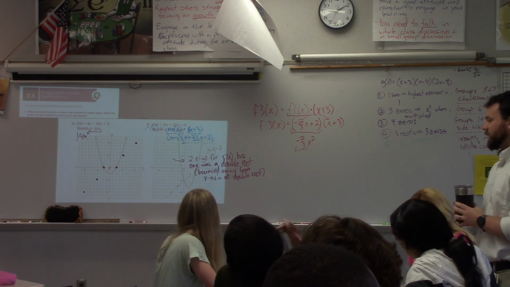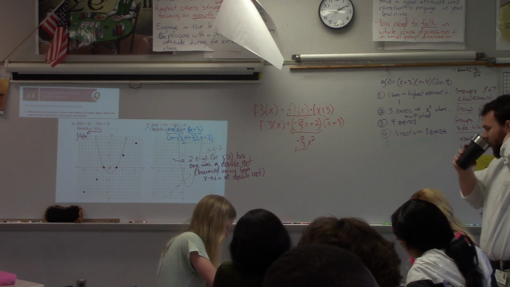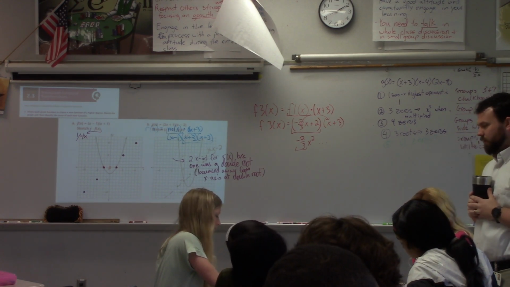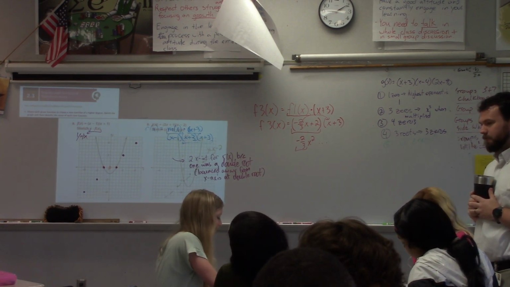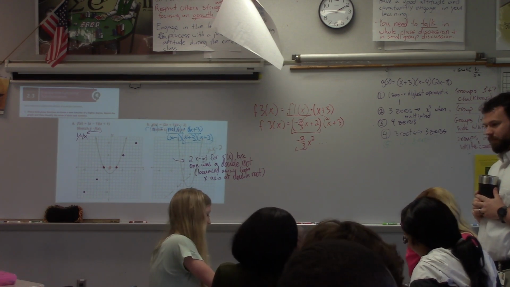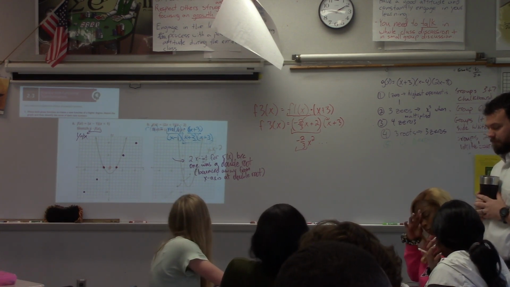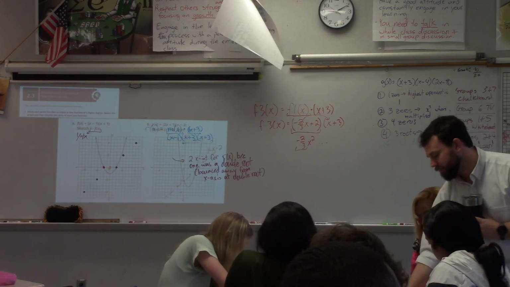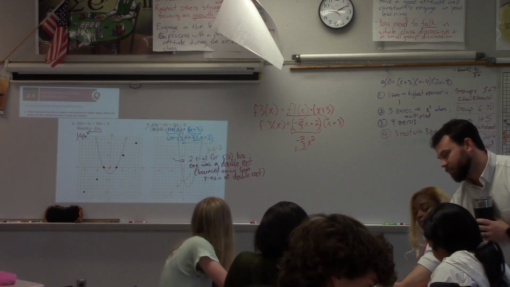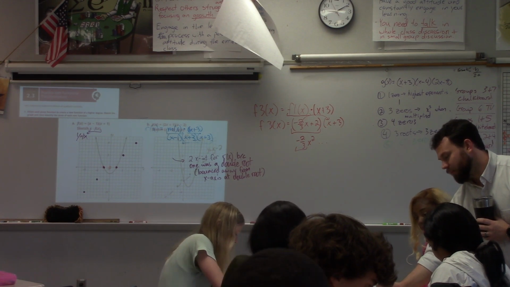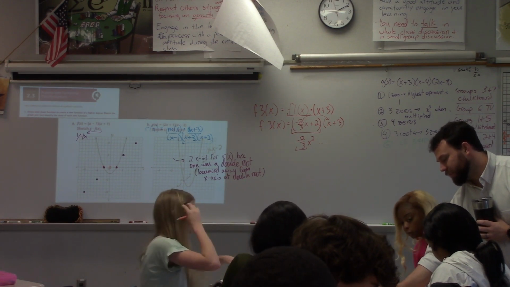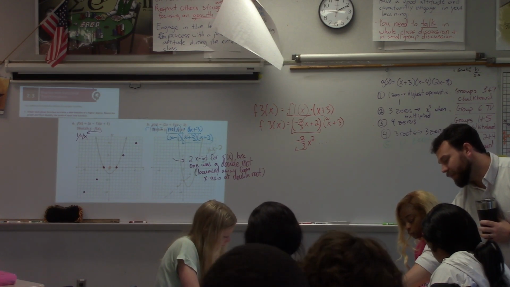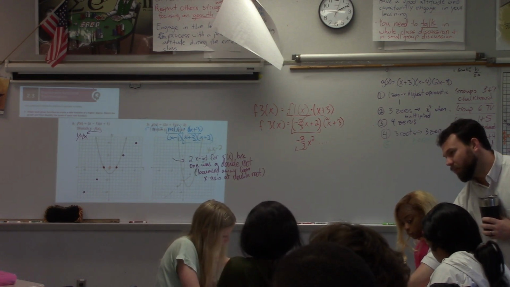Then we get x times f of x. This is f of x, and then this is the extra factor. So to sketch this, what do you need to point out? You see how this is a 0? So I'm going to look to the left of the 0. What I am literally doing is multiplying f of x, which is this parabola, by y equals x.